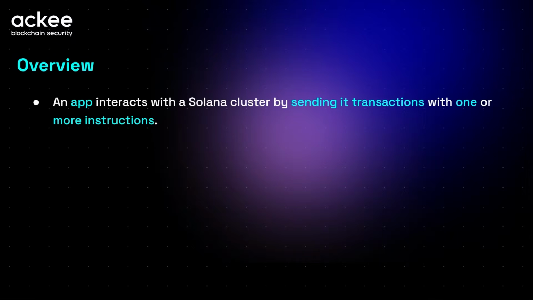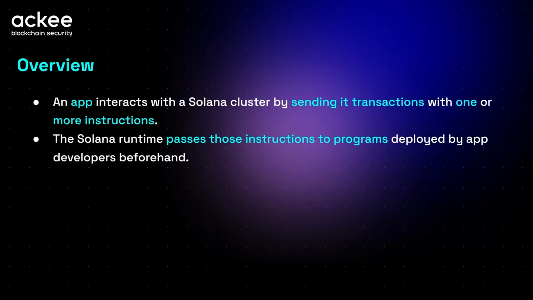So it starts with an app interacting with the Solana cluster by sending it transactions. Transactions can contain one or more instructions. The Solana runtime passes those instructions to programs deployed by the app developers beforehand.